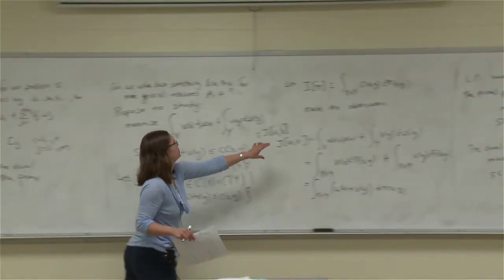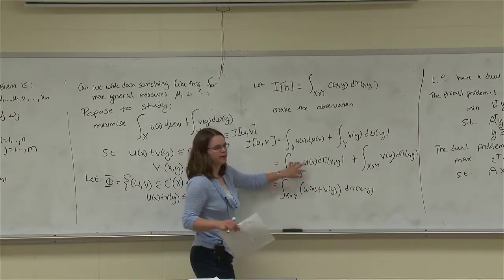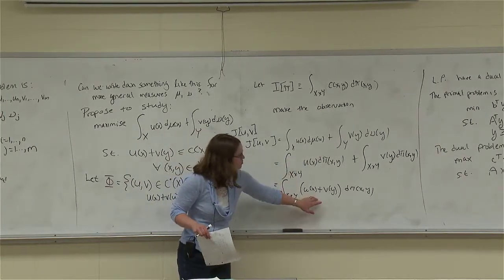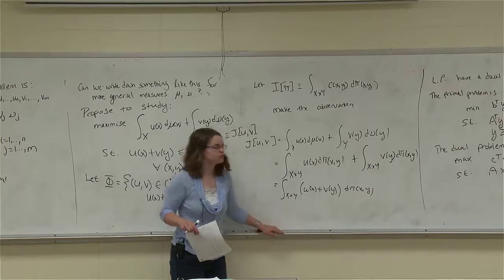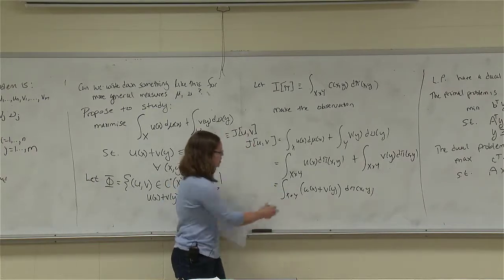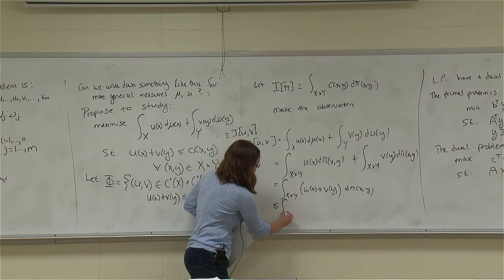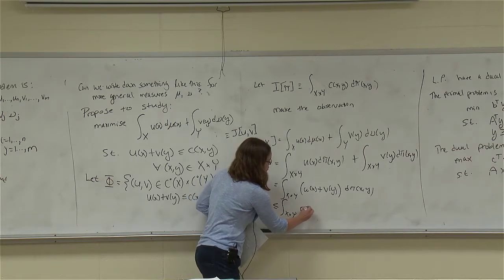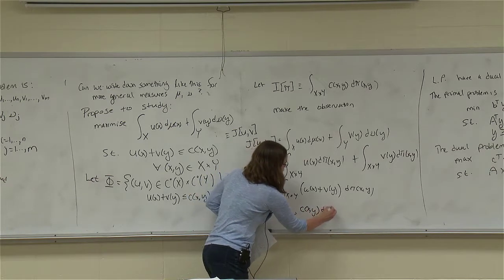Let's feed in the constraints that we have. So here I fed in the constraints on the marginal from my primal problem. Now I can feed in the constraints from my dual problem, which says that this sum had better be less than the cost function. So this is c of xy d pi.